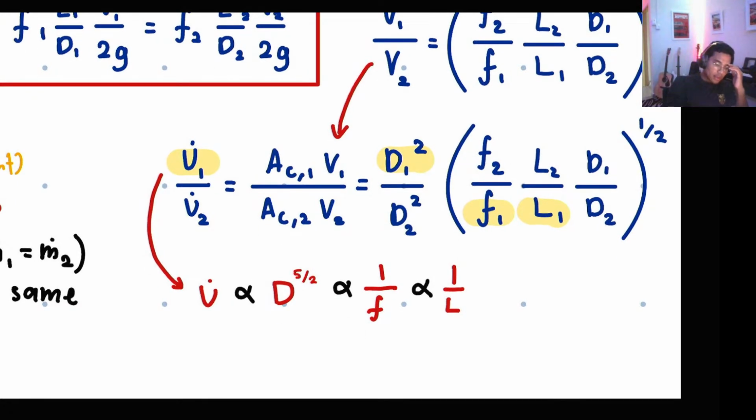From the equation here, we can conclude that the flow rate is directly proportional to D, inversely proportional to F and also L. So if you want a higher flow rate, you need a bigger diameter, lower friction, and a shorter pipe.